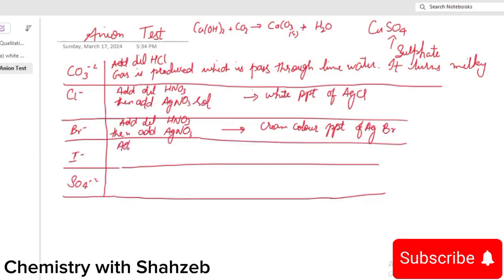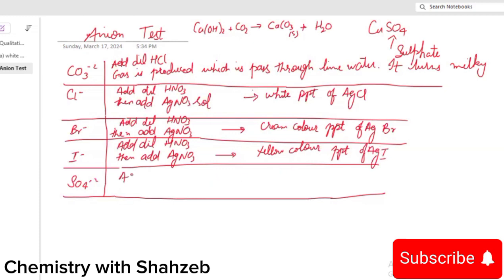In the same way for iodide, add dilute nitric acid, then add silver nitrate. So what happens? Yellow precipitates of silver iodide would be formed.